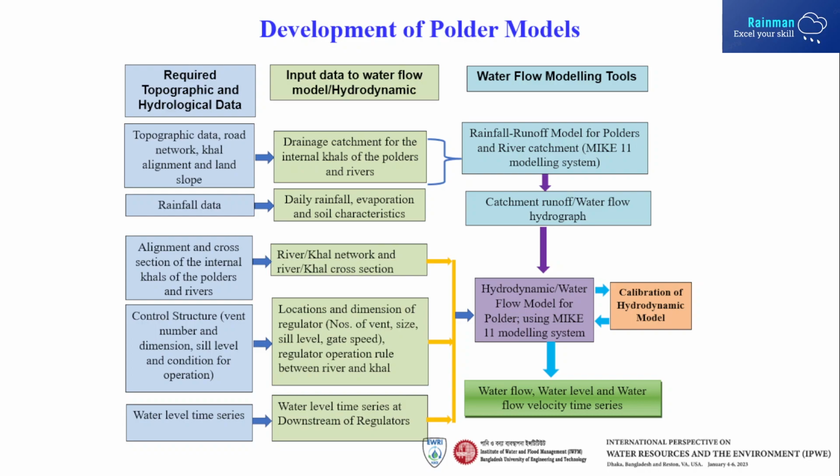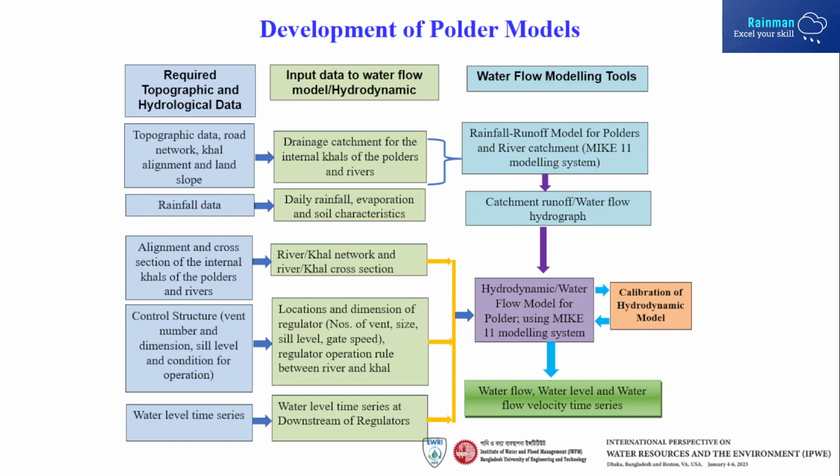In the rainfall runoff result file, we actually get the canal-wise runoff. Actually, in every outlet of the canal, we get a runoff from the rainfall runoff result.